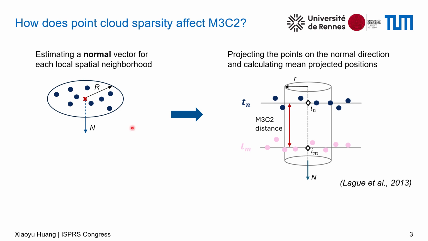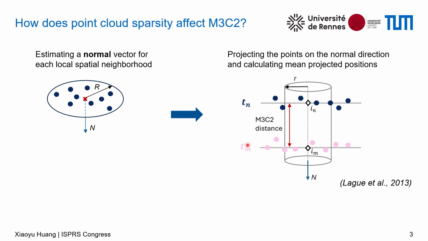As shown on the figure on the left, it relies on estimating a local surface geometry. So first, we define a set of core points illustrated as the red cross. And then we define a spatial neighborhood using a spatial radius r. Within this spatial neighborhood, it fits a plane and calculates a normal vector.